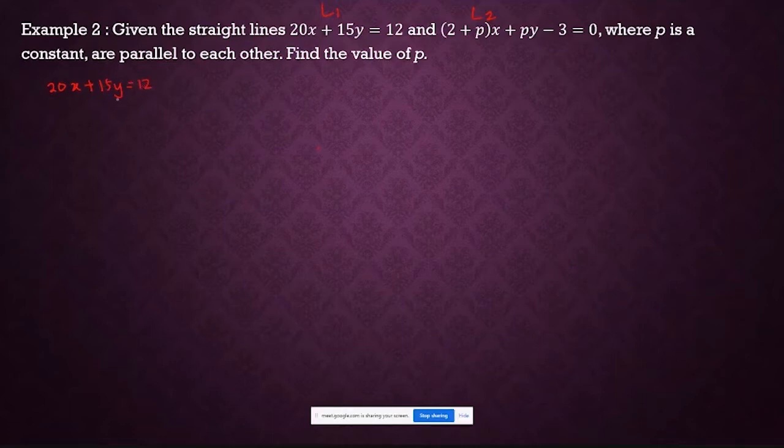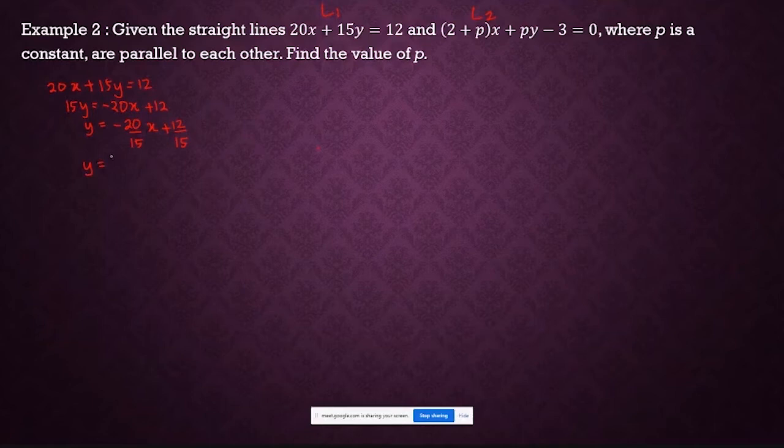Now from the given equation, we can change it using the same method as before. We can change the equation into the form y equal to mx plus c. So when you change, 15y equal to negative 20x plus 12, then y equal to, divided by 15, negative 20x over 15 plus 12 over 15.